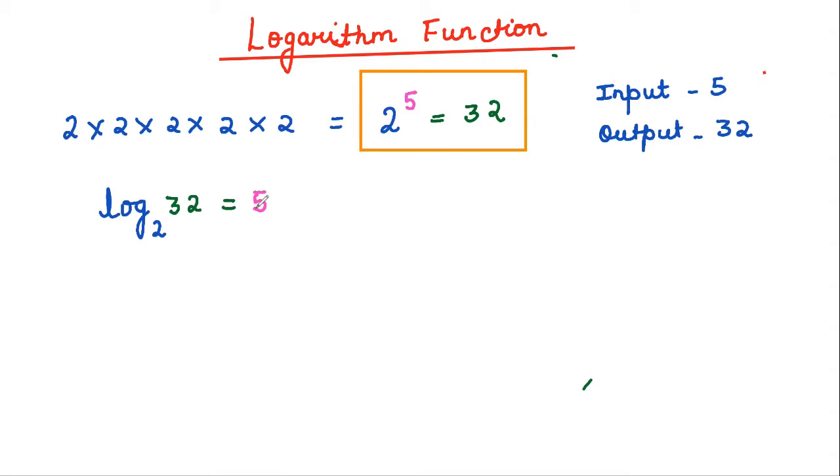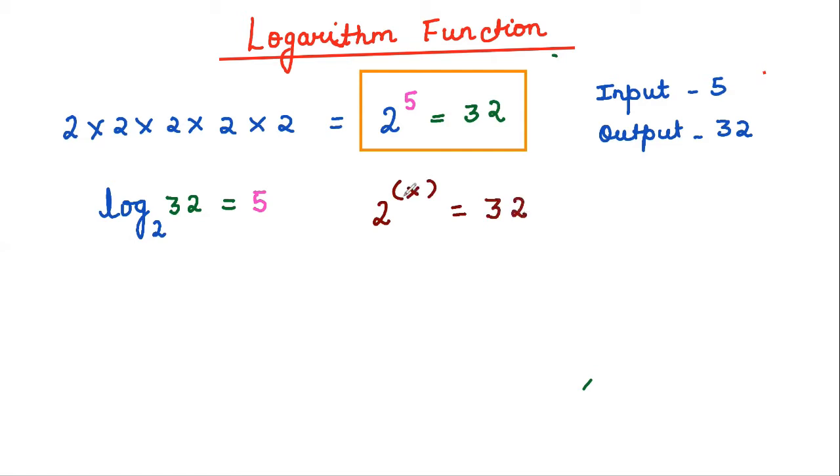So I have written the same expression but using log. What did we do? We kept the base the same. The base was 2, and here also it is 2. But we are asking log to the base 2, and the argument here is 32. So in a way, I'm asking you what should be the power of 2 so that you get the answer as 32?